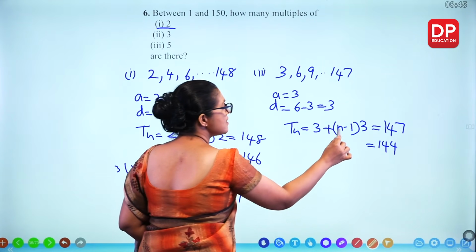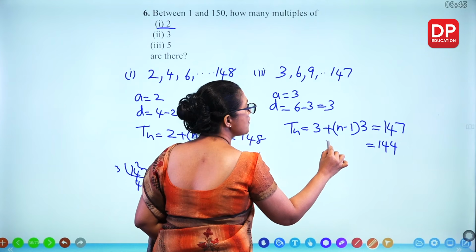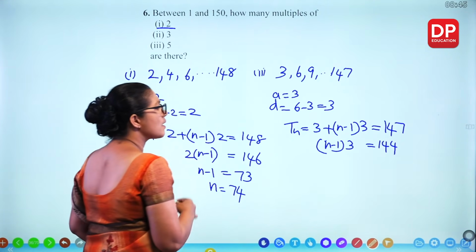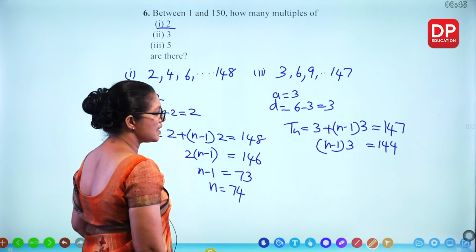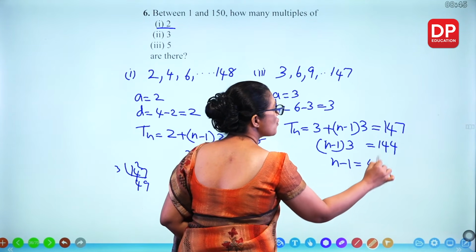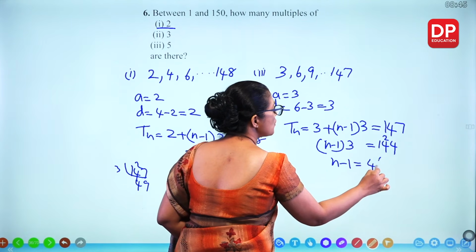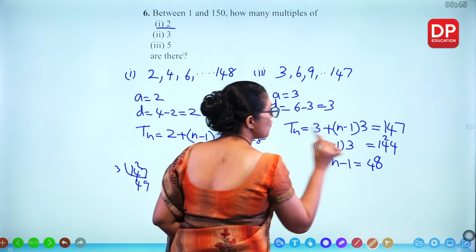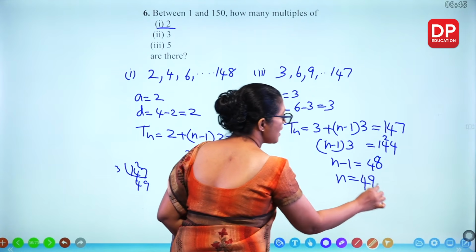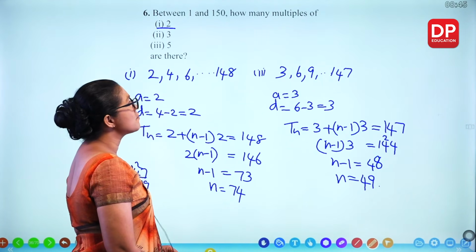Divide this by 3. Can we do that? Yes, divide by 3, you get n minus 1 is 3 times 4, 12. For 24, 3 times 8. So 48. So what is n? N equals 49. So there are 49 terms for multiples of 3.